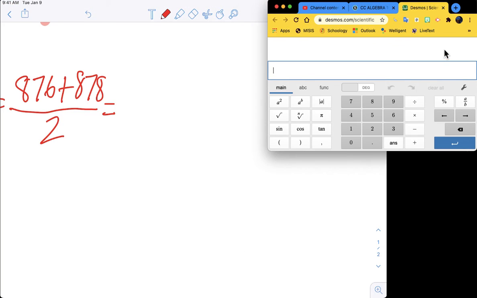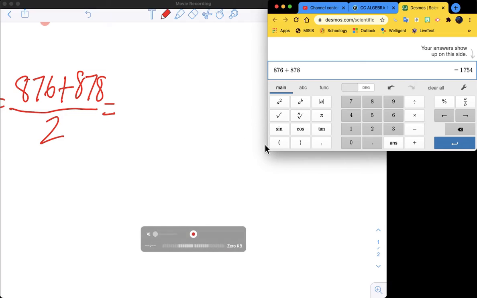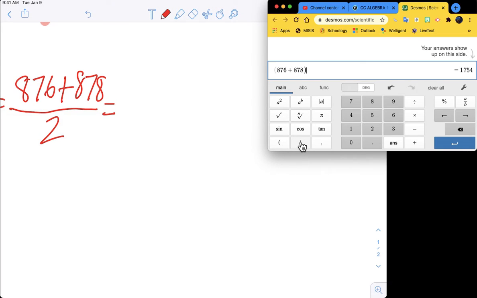Let's use our tools. So 876 plus 878, and the whole thing divided by 2. This is where I forgot to put the parentheses, because look what's going to happen if I don't: it divides by only 878. I want to divide by the whole thing. So I need to add the parentheses, and I'm going to add one in the beginning as well.